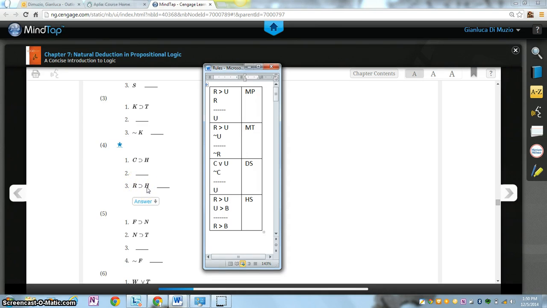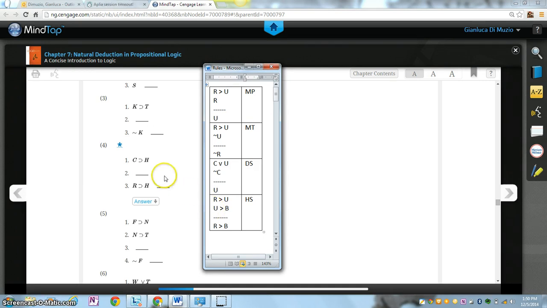So you must have used a rule that allowed you to use a conditional together with something else to get a conditional. And really, over here, you can see that the only rule that allows you to get a conditional is this one. Starting with a conditional and using a second conditional.